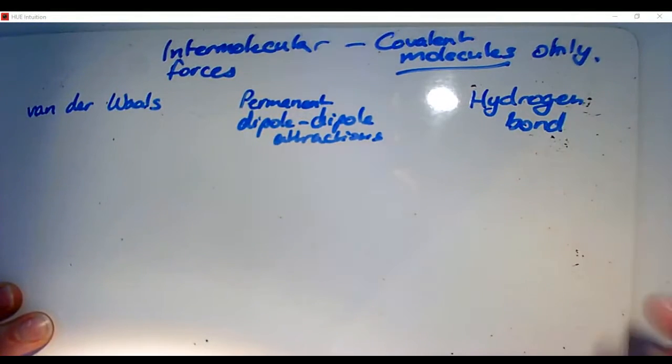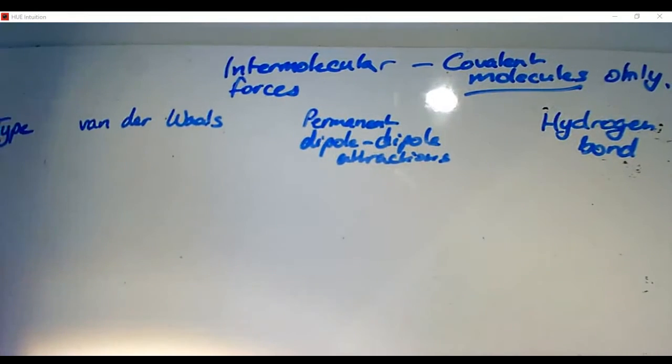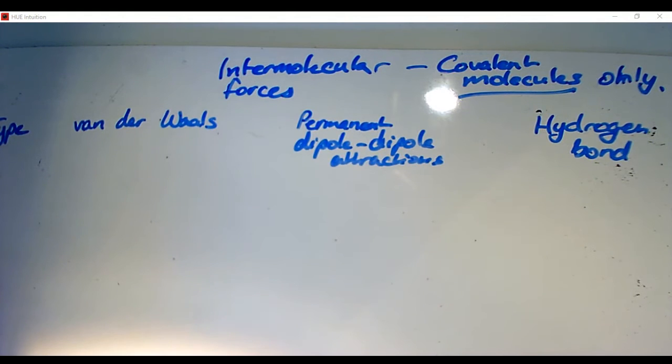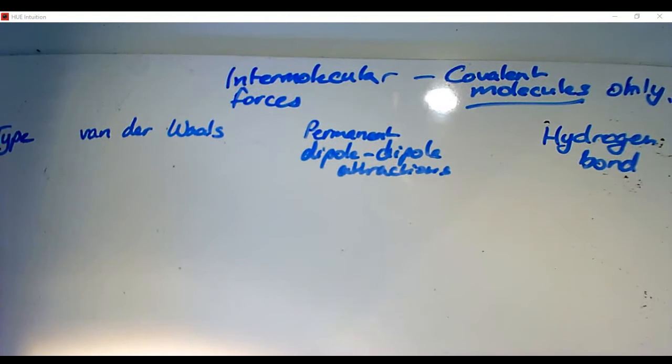Now, I saw a video recently saying that the difference between bonding and intermolecular forces is that they're all connections that require energy to break. These ones are between molecules and they're weaker than, say, the covalent bonds, but really all of these are bonding.